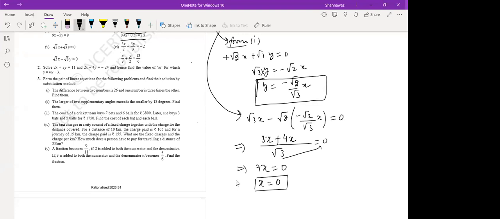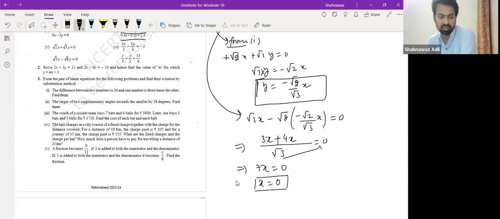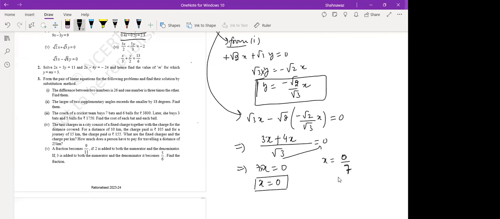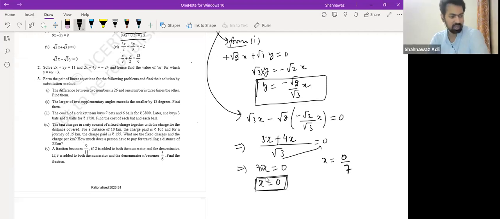So it's 7x as 0. If 7x is 0, then 7 is in multiplication with x, so this goes in the denominator of 7. Whatever we divide 0 with, this becomes 0, right?